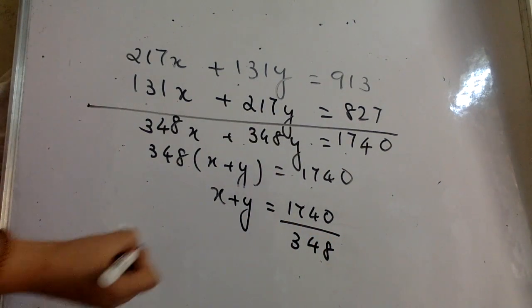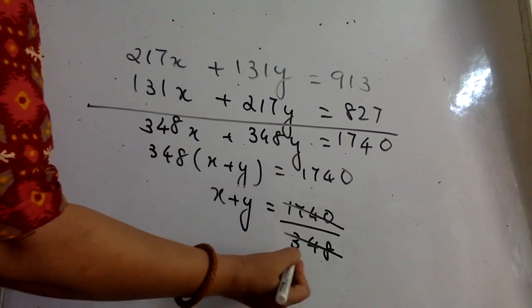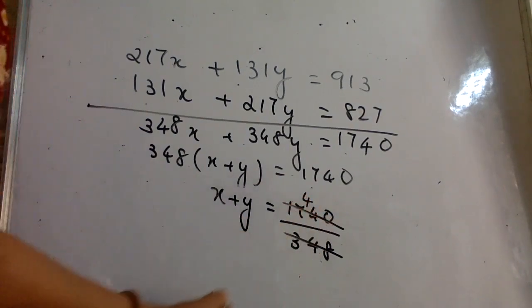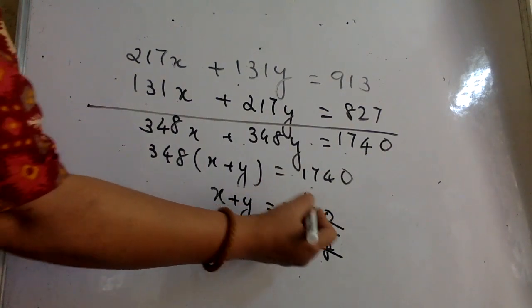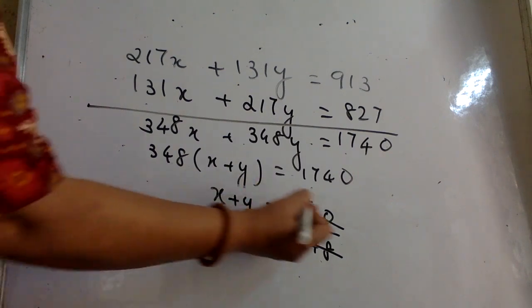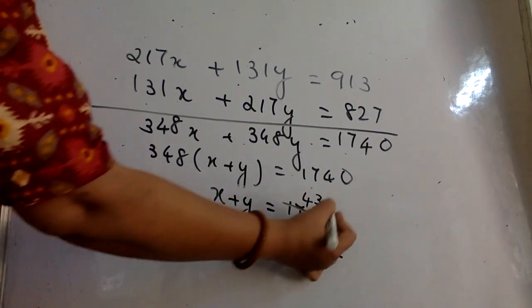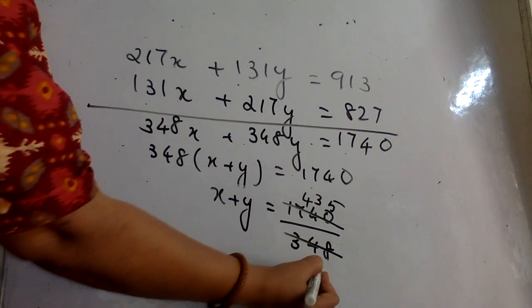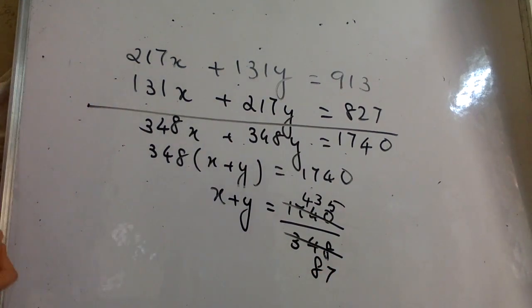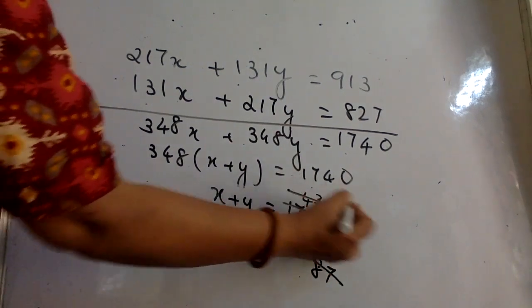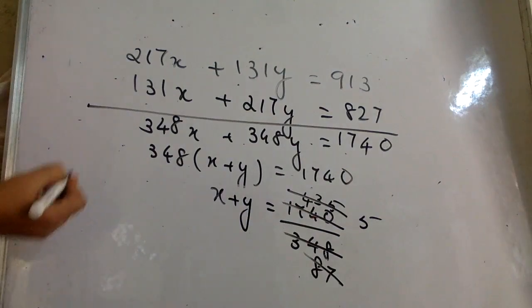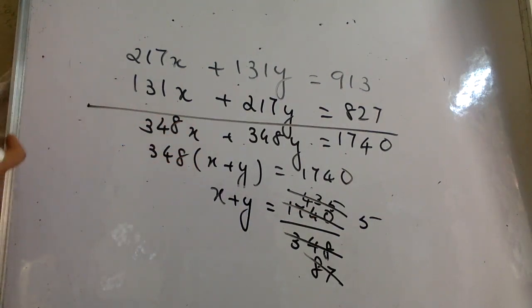Okay, so that gives us, here it's going by 4, 4 4s are 16, then 12, 4 3s are, and 4 5s are, and here we have an 87. Okay, so this goes 5 times. So x plus y is equal to 5 is my first equation.